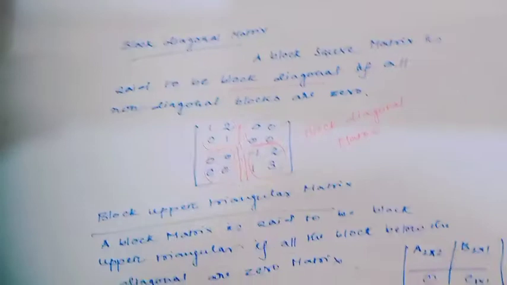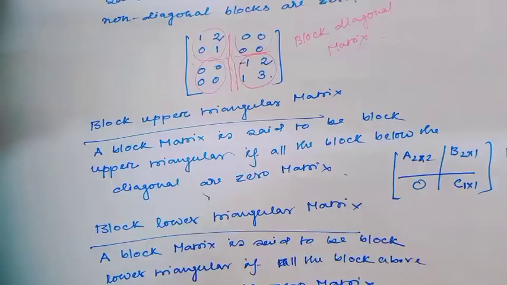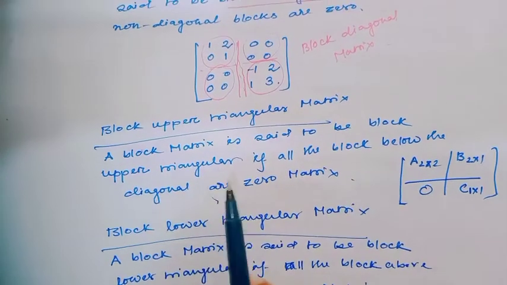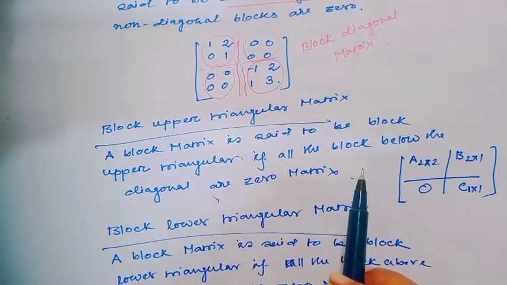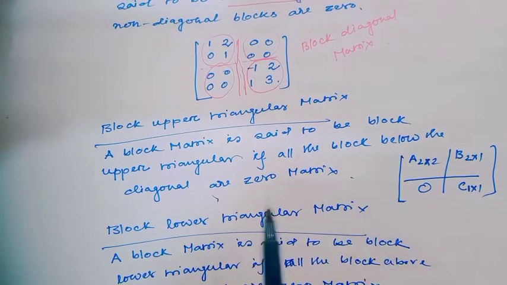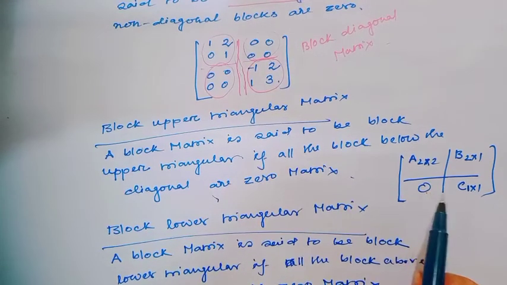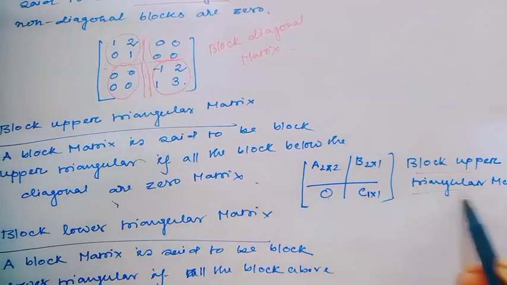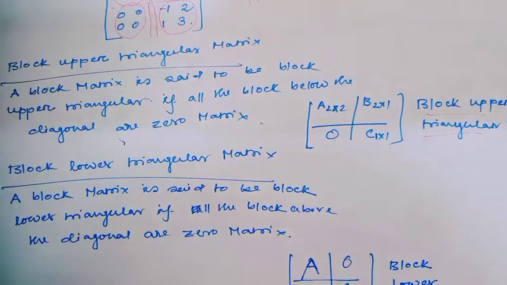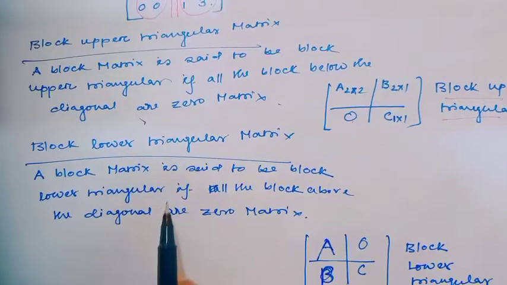Now I will see what is the block upper triangular and block lower triangular matrix. A block matrix is said to be block upper triangular if all the blocks below the diagonal are 0. This is the block upper triangular matrix. Okay. And the block lower triangular matrix would be of this type.